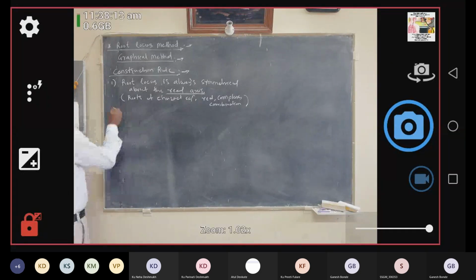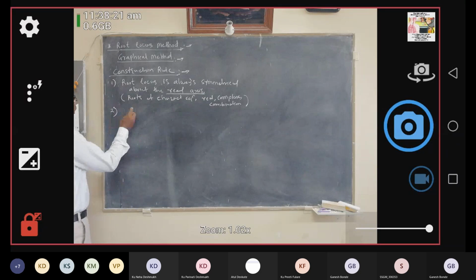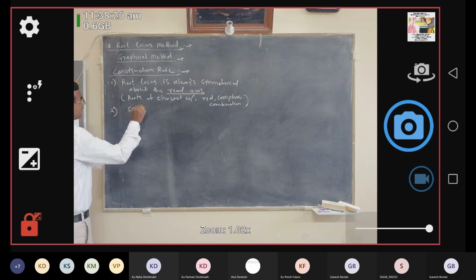Then the second rule. First of all, we have to find out how many poles and how many zeros are present in your transfer function. The open loop transfer function G(s)H(s) is given to us.